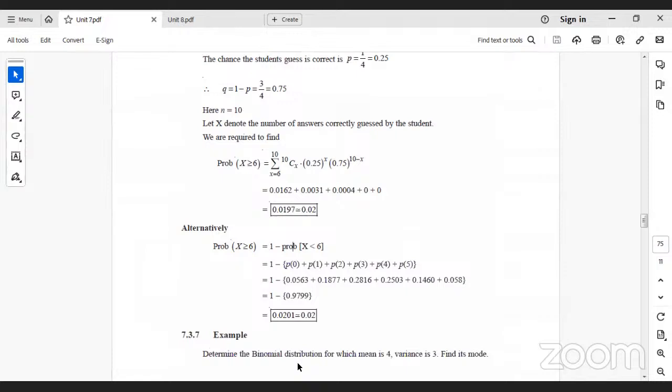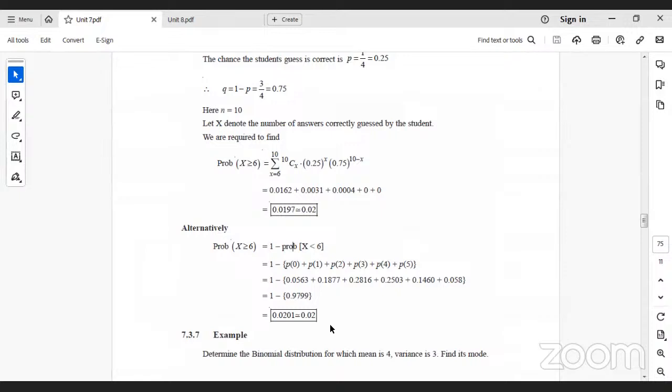Alternatively, we can check whether this is correct or not. Probability of x greater than or equal to 6 is 1 minus probability of x less than 6, which is 1 minus P0, P1, P2, P3, P4, P5. We find these values: 10C0, 10C1, 10C2, 10C3, 10C4, 10C5, with 0.25 power x and 0.75 power 10 minus 0, 10 minus 1, 10 minus 2, 10 minus 3, 10 minus 4, 10 minus 5.